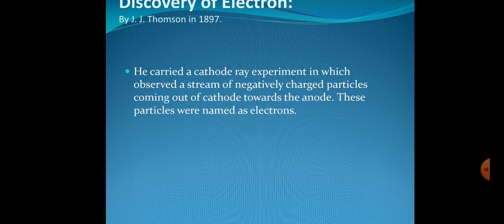So the first experiment to find the subatomic particle of an atom was conducted by J.J. Thomson. He carried out a cathode ray experiment in which he observed a stream of negatively charged particles coming out of the cathode toward the anode.